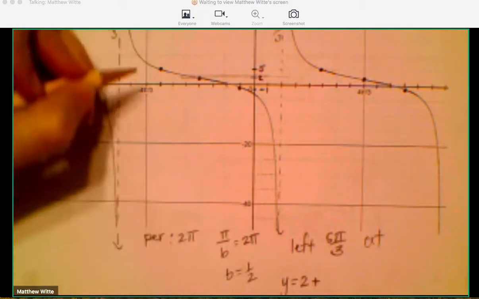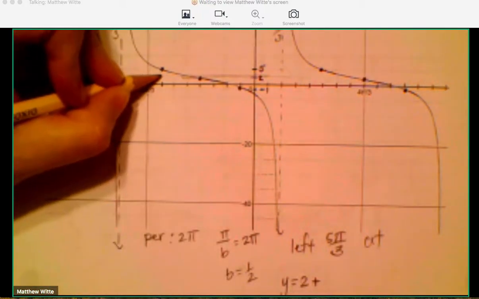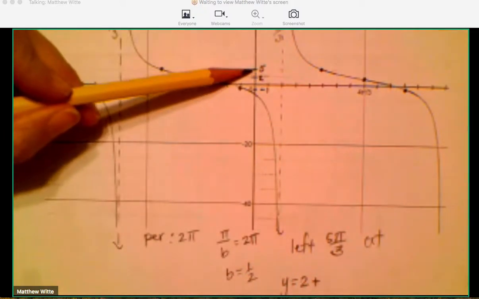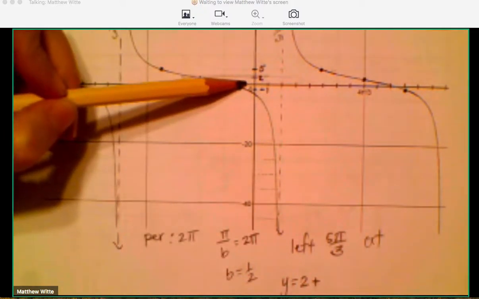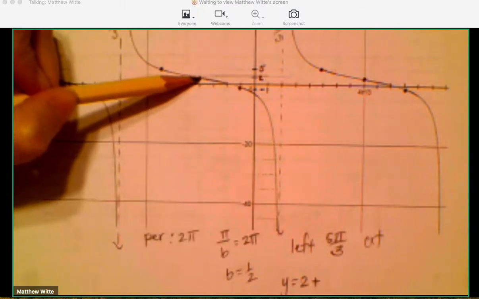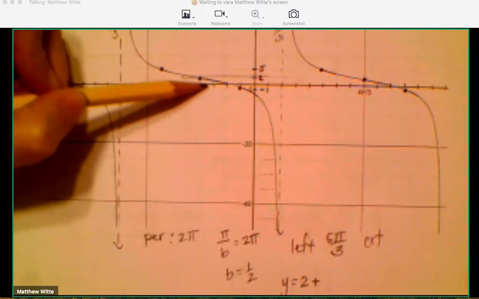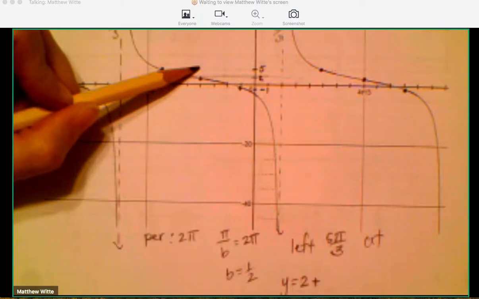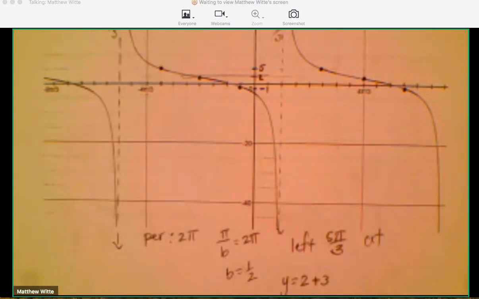And then I want to look at, how do I get to that 1 value and that negative 1 value? Well, that 1 and negative 1 is now at 5 and negative 1. From 2 to 5 and from 2 to negative 1, that gives you an a value of 3. So I'm going up 3 to get to 5, and I'm going down 3 to get to that negative 1.